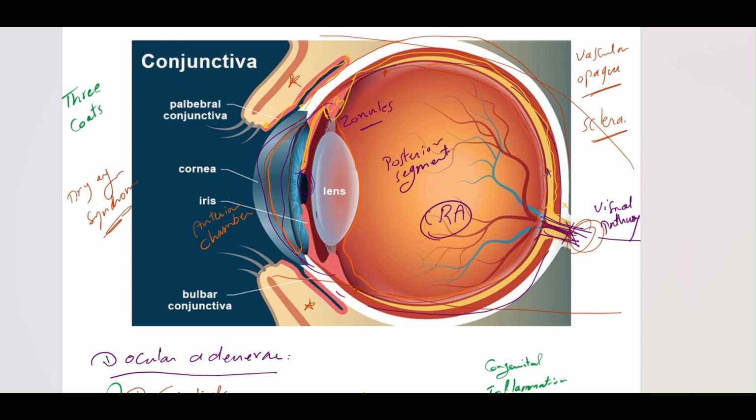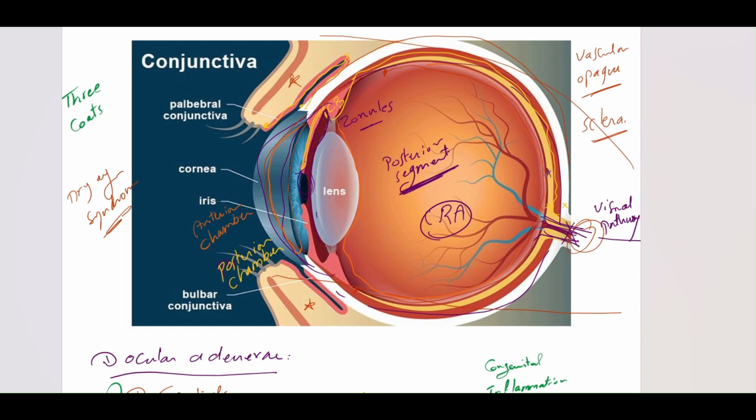Not the posterior chamber, posterior segment. And from the posterior surface of the iris to the anterior surface of the lens, this is called the posterior chamber. So we have two chambers, anterior chamber and posterior chamber, and the posterior segment.